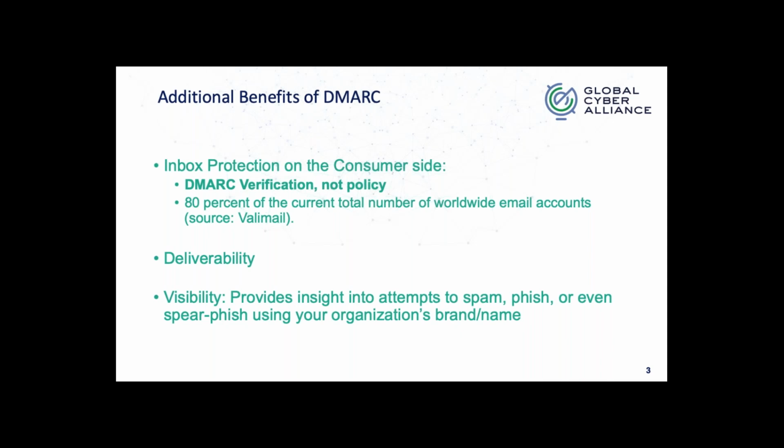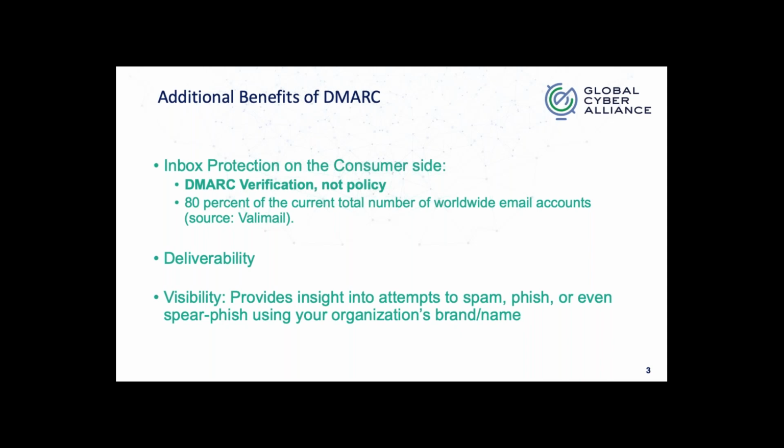By implementing DMARC at the highest level. So not at the lowest level, not at p equals none. We're talking about quarantine and reject. That's where it's going to help improve deliverability, because these email service providers are going to say, well, they have SPF, they have DKIM, and look, they have DMARC at an enforcement level. So we can have a better trust in this organization.